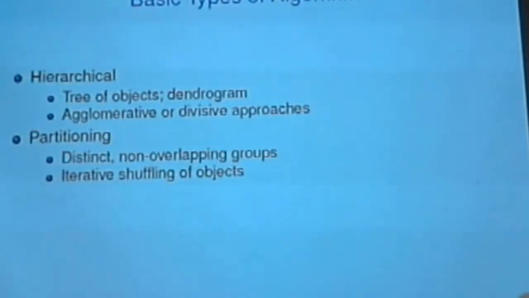The basic types of algorithm for clustering: the first type is hierarchical. The second type, maybe we just do this automatically. Hierarchical clustering basically will be establishing a tree of objects and using a graphical representation, which is called a dendrogram.